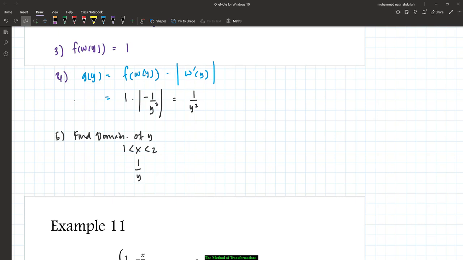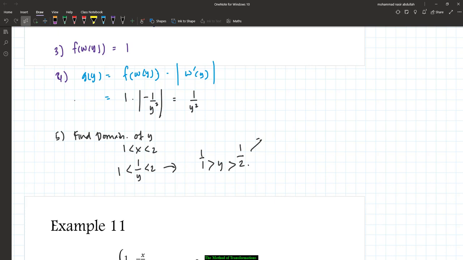So x is equal to 1 over y, so 2 and 1. If we bring the y out of the denominator so that y is alone, it should be 1 over 1, 1 over 2.